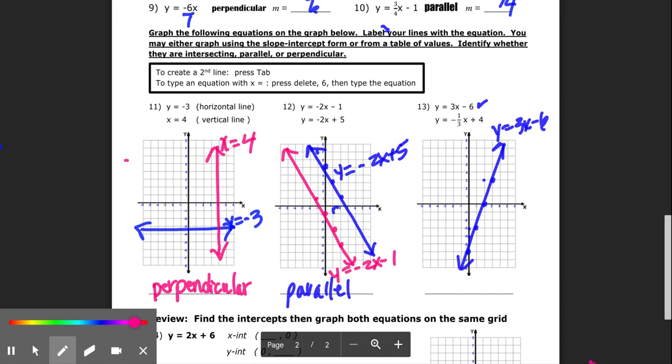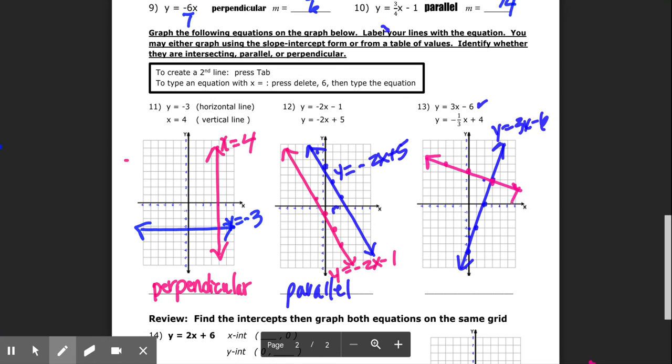And then I have where we start at 4. And we're going to go down 1, right 3, down 1, right 3. Or we can go up 1, left 3. It does not matter. And then here is that line there.